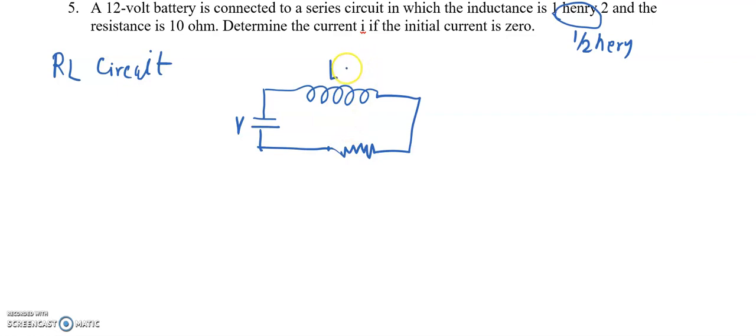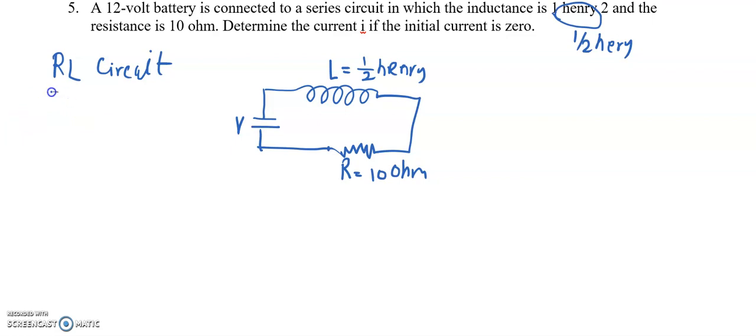So here in this case, L is equal to half Henry and R is equal to 10 ohm. Both the inductance and resistance are related with the current I, which changes with time.